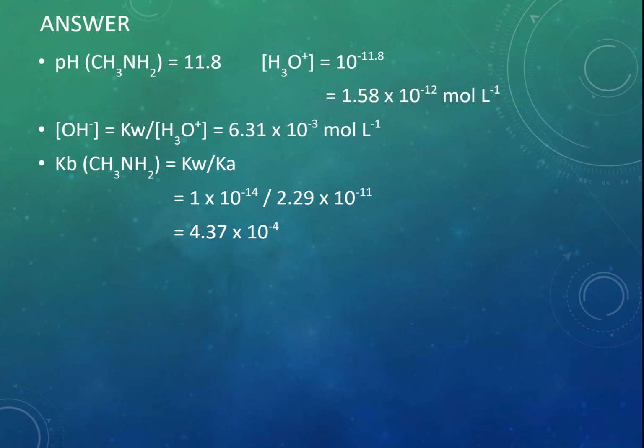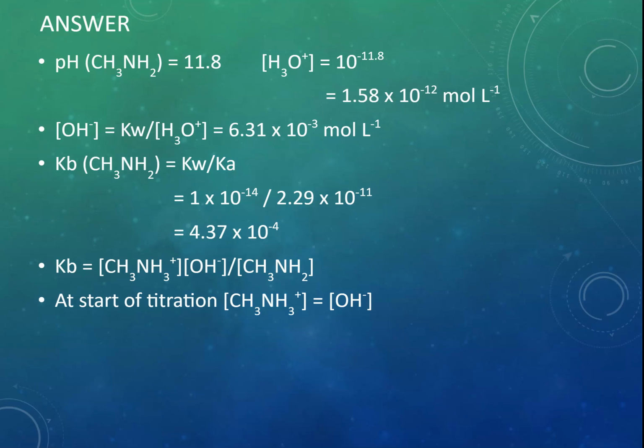We know the equation: Kb equals the concentration of OH- times the concentration of the conjugate acid divided by the concentration of the undissociated base, which is what we're trying to find. So there's our formula. Now, because this is just a pure sample of our methylamine, we can assume that the concentration of the methyl ammonium ion and the concentration of hydroxide are going to be equal.